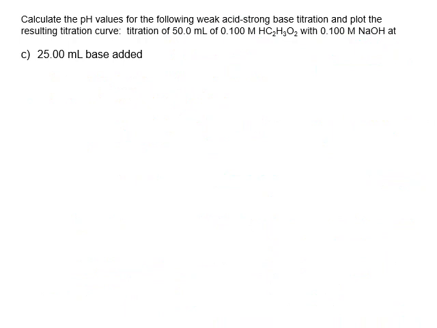Part C asks us to find the pH of the solution after we've added 25 milliliters of base. Something to point out here, we're titrating 0.1 molar acetic acid with 0.1 molar sodium hydroxide.